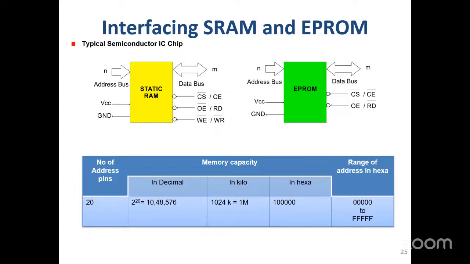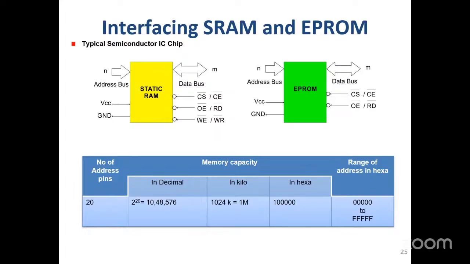You can calculate 2 to the power 20 in your calculators. The value is 10,48,576. This can also be written as 1 MB, 1 megabyte.